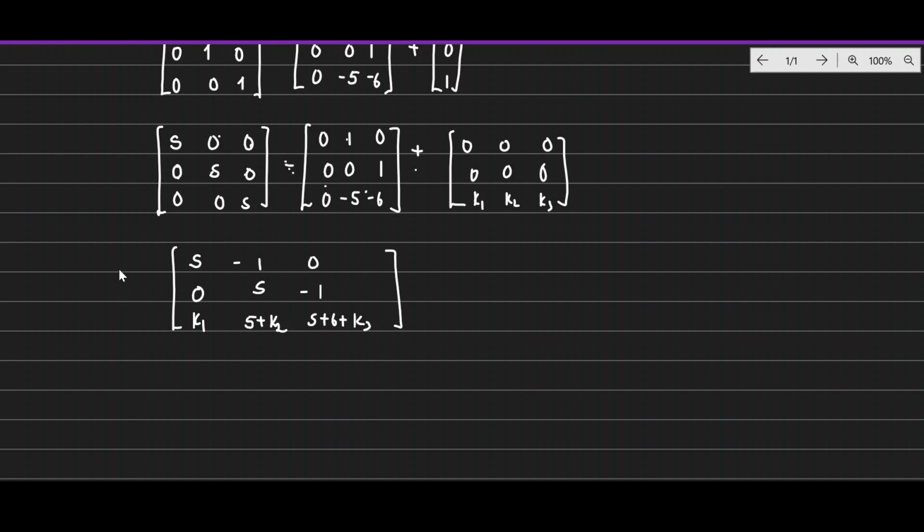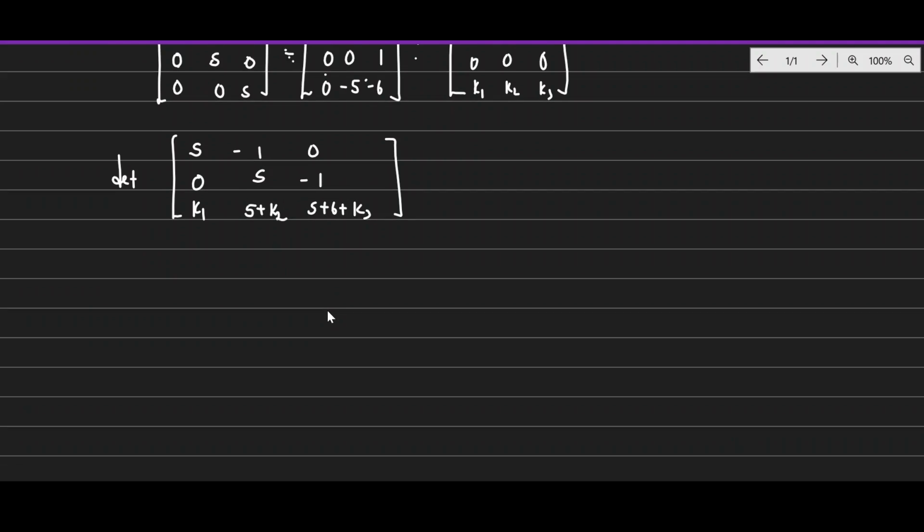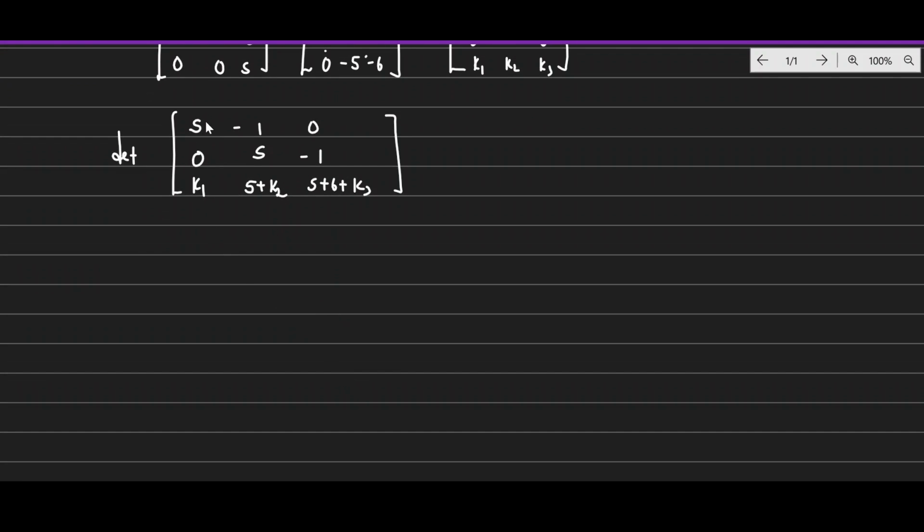Now we have to find the determinant of this. The determinant of this is equal to the characteristic equation that we need to get. So let us get the characteristic equation by finding the determinant. Remember, when finding the determinant, this number is multiplied by positive, this negative by positive here, right? So we're going to have s multiplied by the cofactor, the matrix here, where we cancel out this row and the column there.